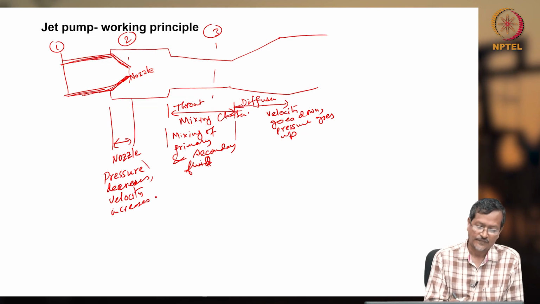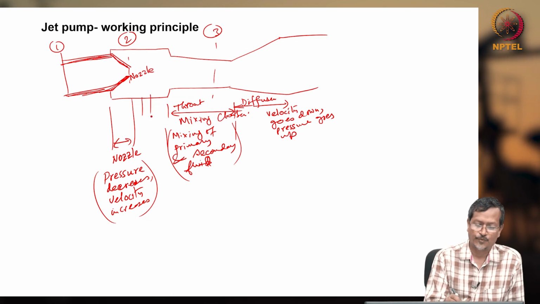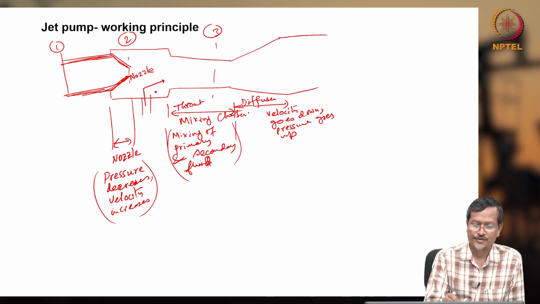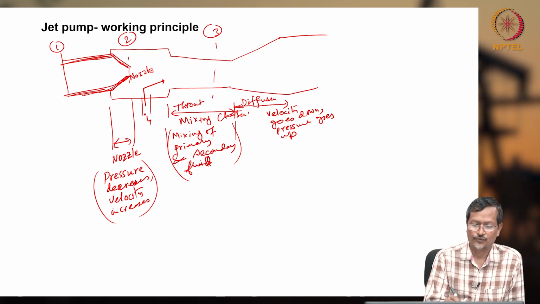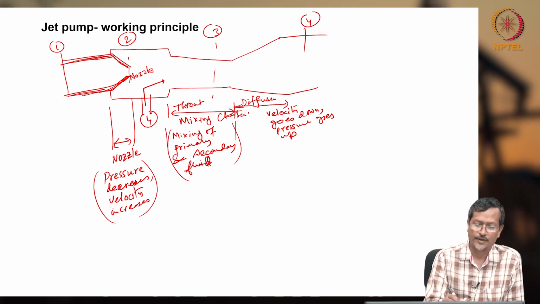In mixing chamber these things happen, and in this body section, secondary fluid enters. This is 3, 4, I'll put as a random name actually. I'm not following any rule at this moment.